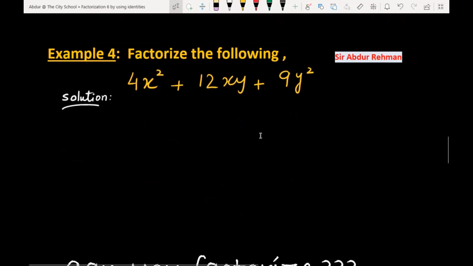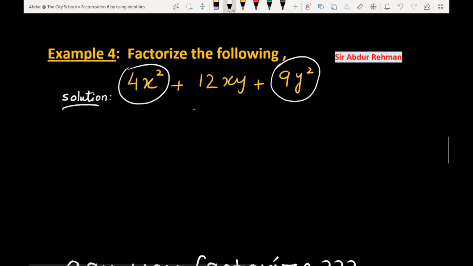It will save your time. 4x square is a perfect square because (2x) whole square is 4x square, and 9y square is also a perfect square because (3y) whole square is 9y square. So the first term and the last term are perfect squares, so try to factorize by using the identity instead of breaking the middle term.